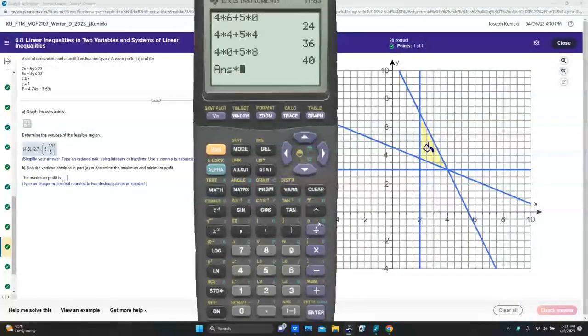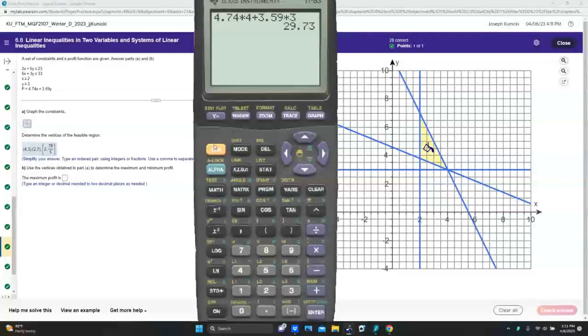So let's just go ahead and we'll start with the first one. 4.74, I'm using the objective function, times x, which is 4, plus 3.59 times y, which is 3. So 29.73 is the profit for the first point.